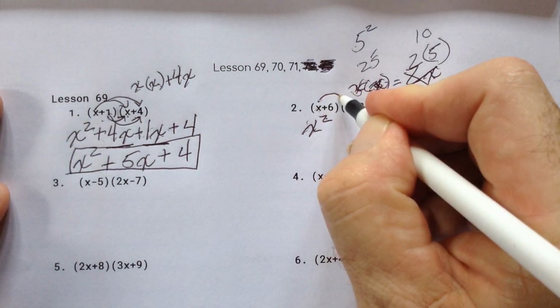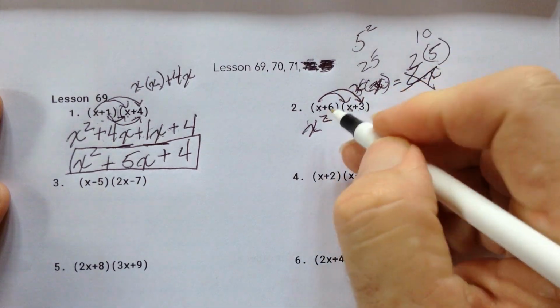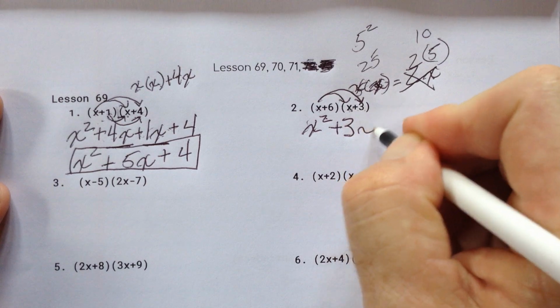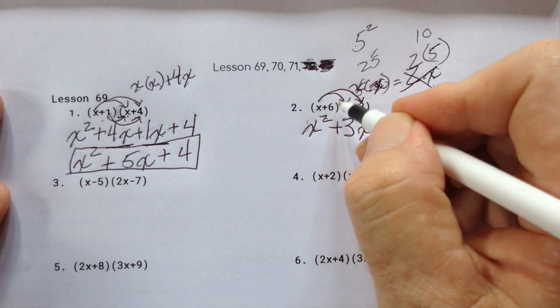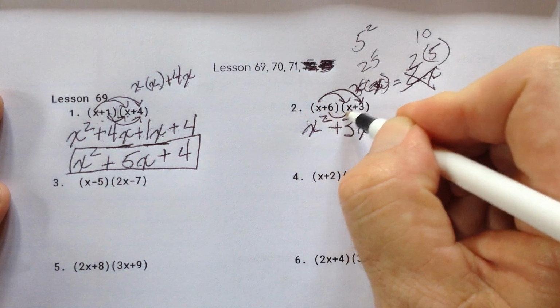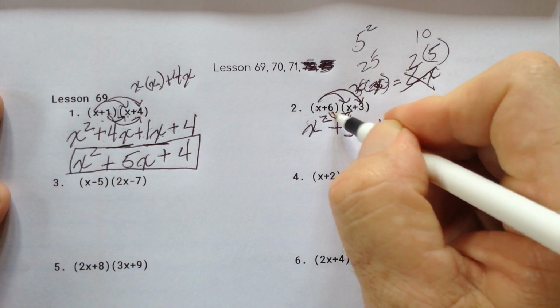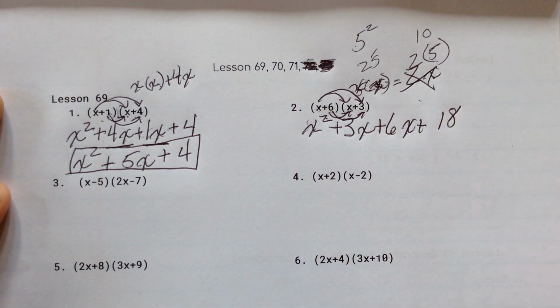So here I went x times the x. Now I got to go x times 3. So plus x times 3, or 3 times x. Usually you want the number in front. And then I got to do this one now, the 6 times x, and then 6 times 3, so plus 6 times 3 is 18.